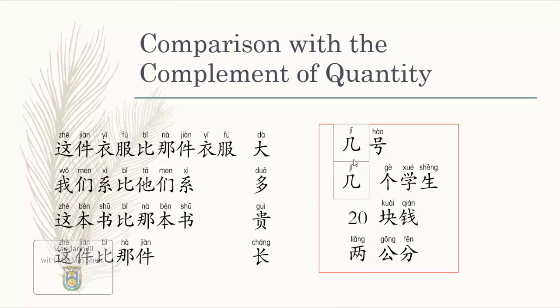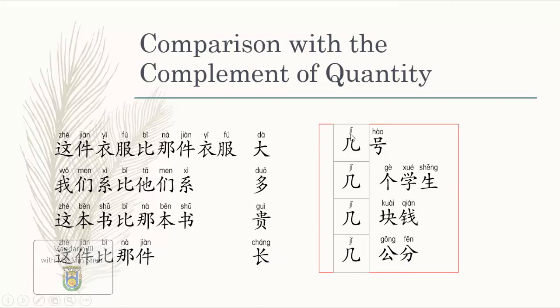In that case, we can use 几 to replace the number, as a blank to look for the number. Same as the rest: 这本书比那本书贵几块钱, how many dollars more expensive than that book? And 这件比那件长几公分, this piece is how many centimeters longer than that piece.